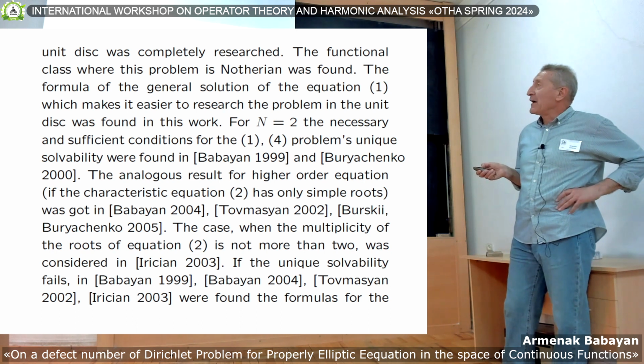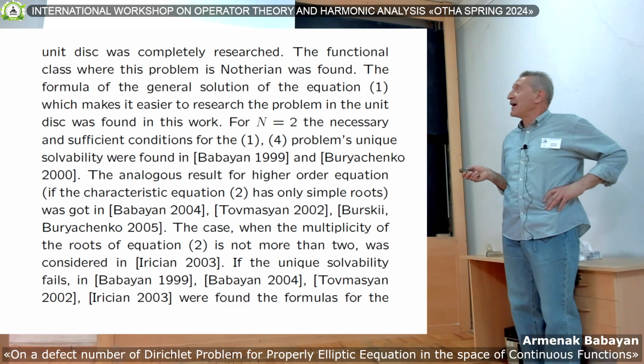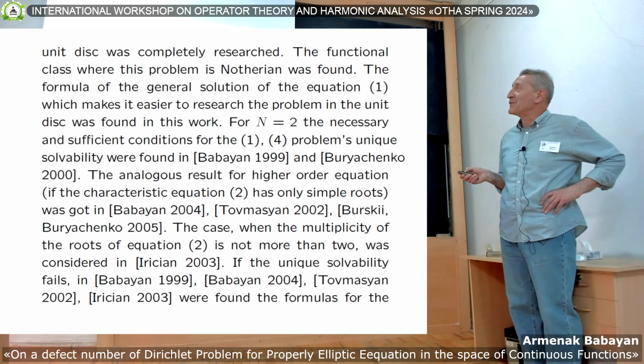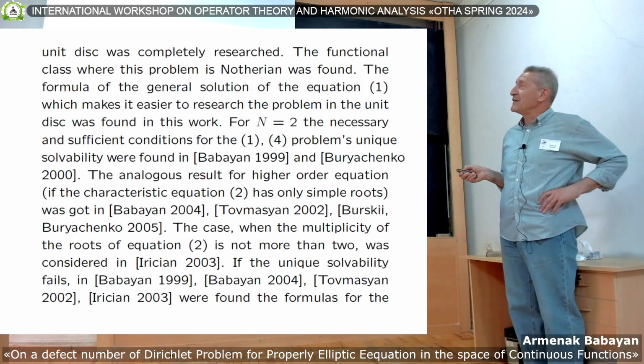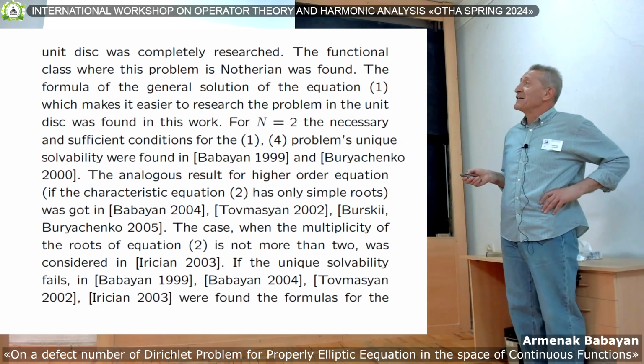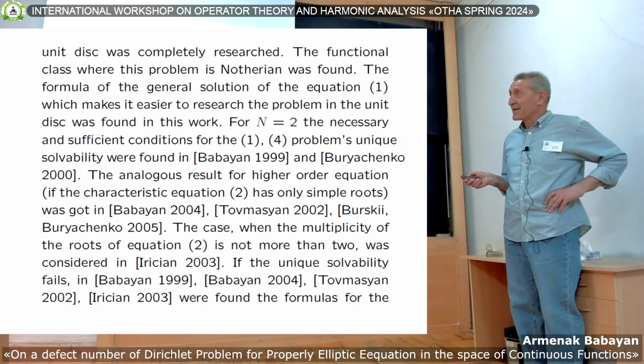For n equal to 2, the fourth order equation, necessary and sufficient conditions for unique solvability were found in my work in 1999 and by Burichenko in 2000.